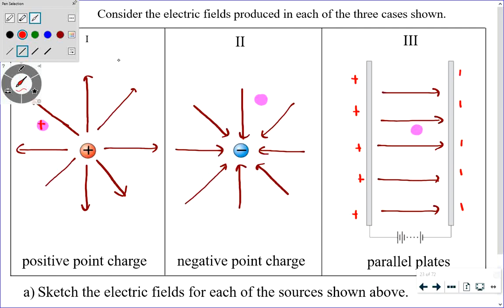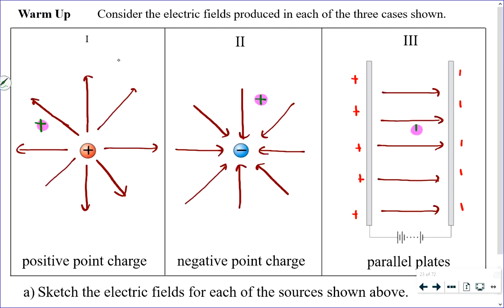I could ask this question with a negative object instead. This has nothing to do with positive test charges. But I'm just saying we put a positive object in each of the fields. And we release it. And I hope you understand in each of these cases the charge is going to accelerate, because it's going to experience a force because you're putting it in the field, so it will accelerate.